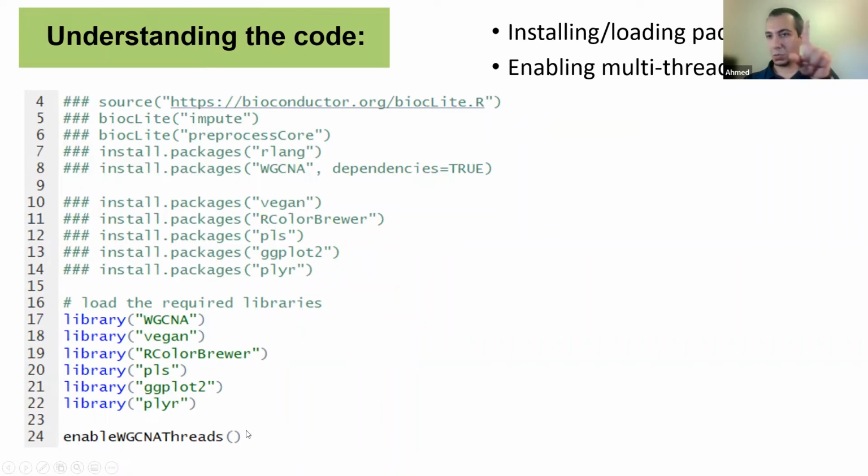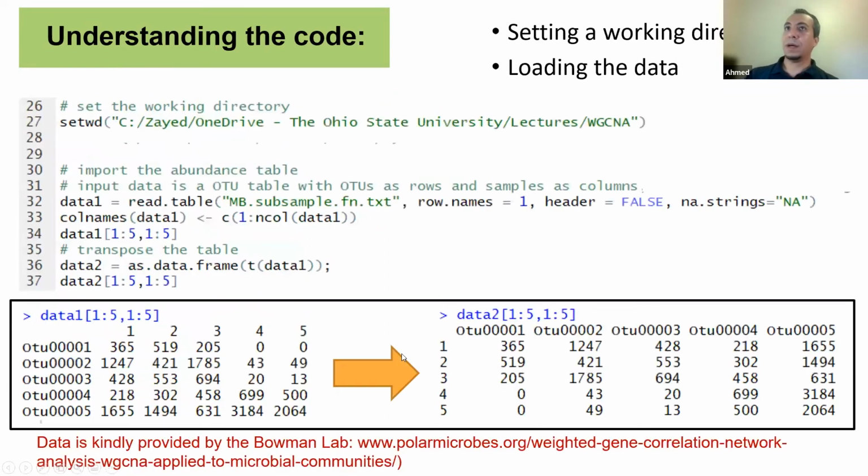It will only use 1 core of your machine. So if you have 8 cores, most probably things will run 8 times slower than if you enable the WGCNA threading, which will allow you to use all of the cores in your machine. So yeah, that's pretty straightforward.